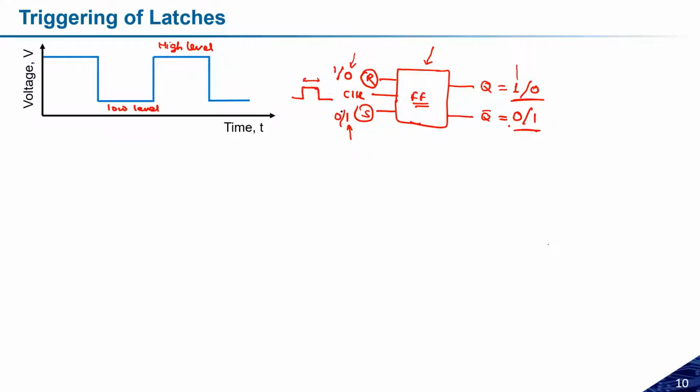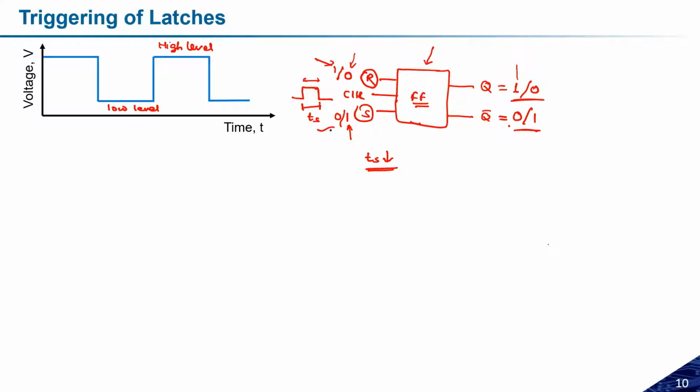To avoid that, we can do two things. The first possibility is that because the time period was very high, TS should be reduced. If I am able to reduce TS, we might get less chance of different input patterns at the set and reset inputs.